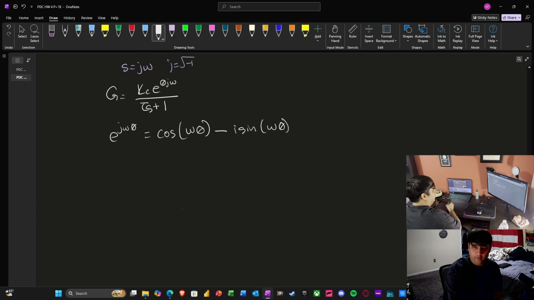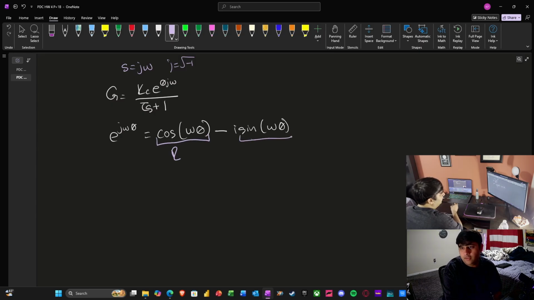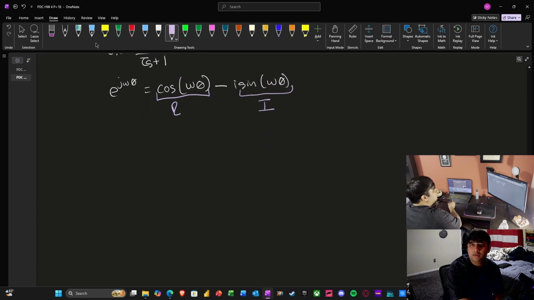And if we recall our A hat, oh, sorry, one more thing. We're going to define this as our real value and this right here as our imaginary, because we're going to recall that our A hat equals the square root of I squared plus R squared.